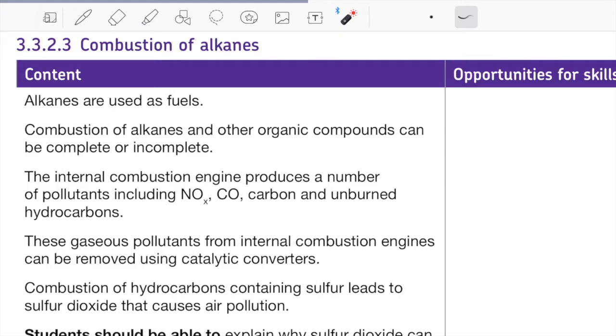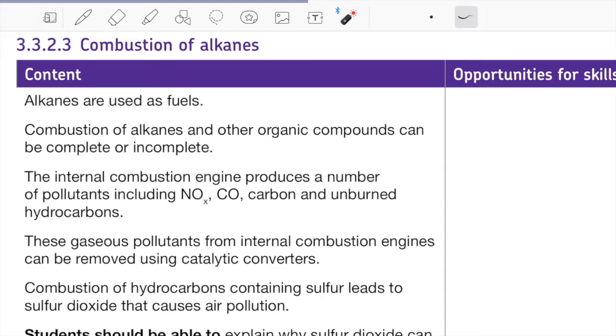And then one thing that is absolutely brand new, which again is a single point in a way: you probably know from GCSE that one of the pollutants is sulfur dioxide, but actually how we can remove that. If you look at what it says at the bottom here, students should be able to explain why sulfur dioxide can be removed from flue gases.